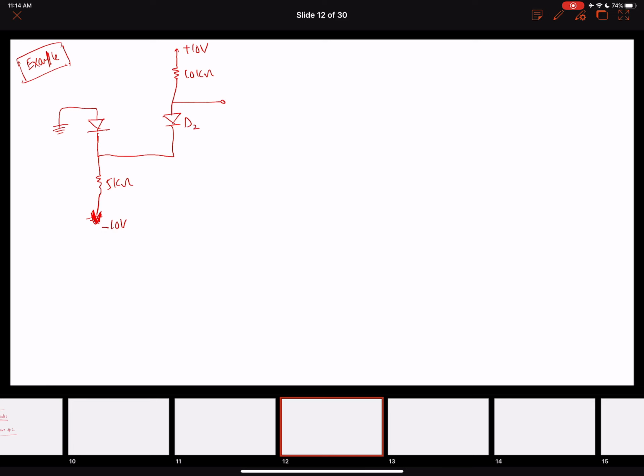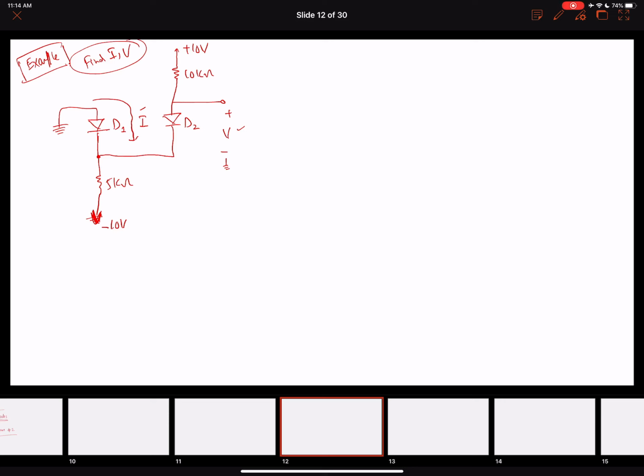This is diode D2, with voltage V across it, and this is diode D1. The current flowing through this is I, and this is minus 10. This is the circuit that is given, and we are interested in finding I and V. I'm interested in finding this value and this value.